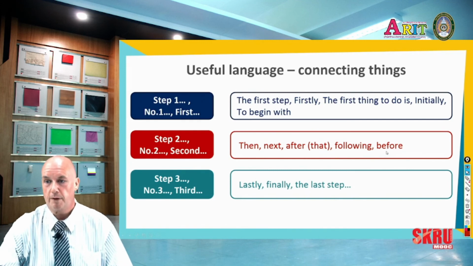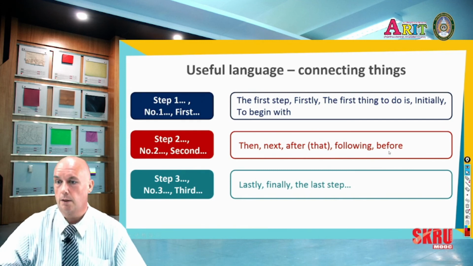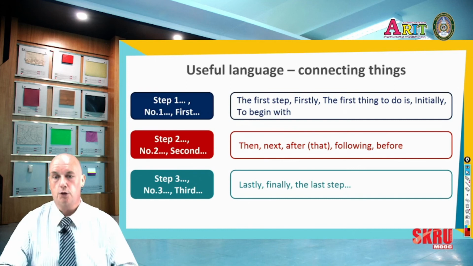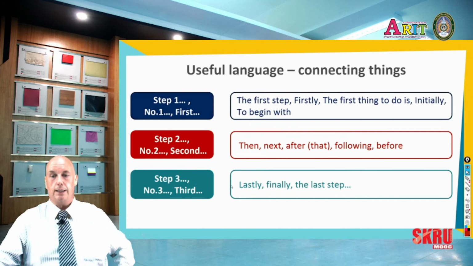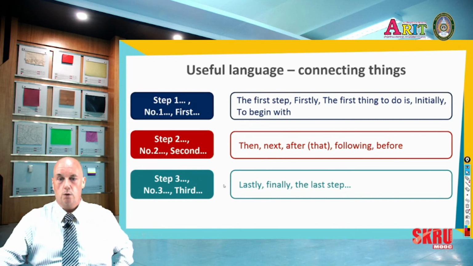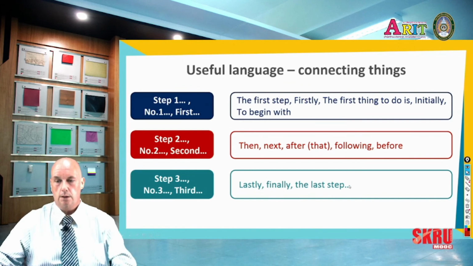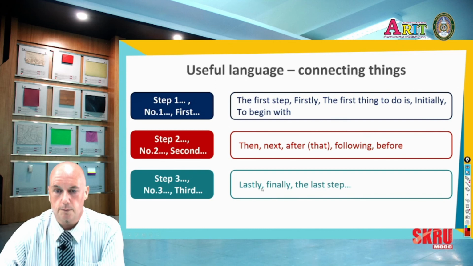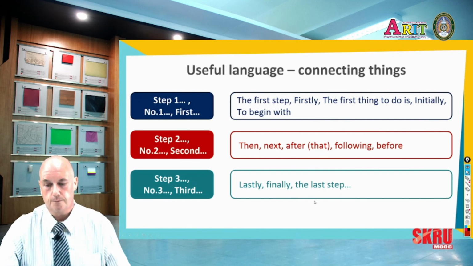So before being put in the kiln, the bricks are dry. We can use these terms, and at the end we can use lastly, finally, the last step, the final step. Terms like that to help put the structure of your process together.